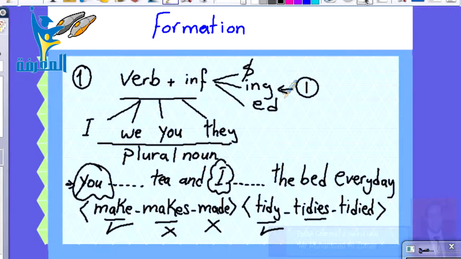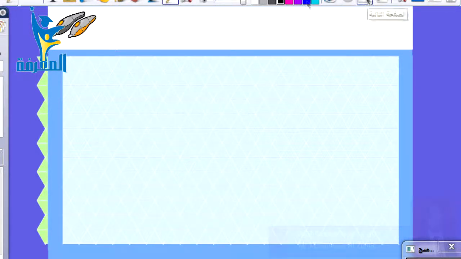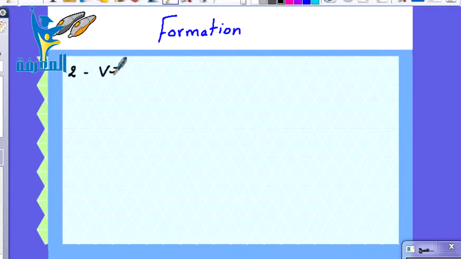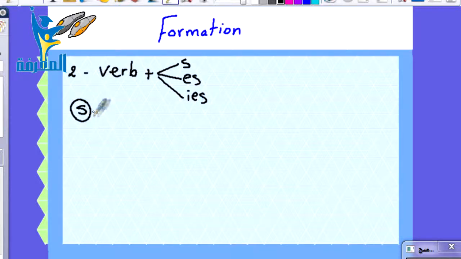Let's go to the second shape. Again, we are in the formation of the verb in the present simple tense. The second shape will be the verb plus addition like S, ES, or IES. When shall we put S? We put S in verbs like close, open, and other verbs.